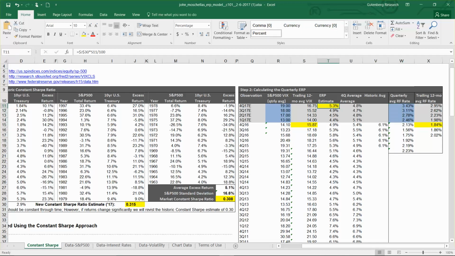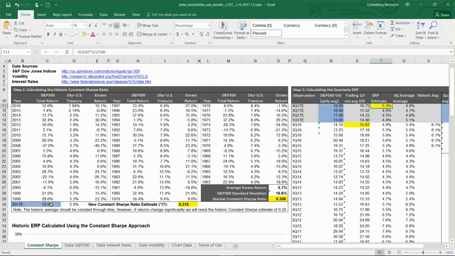And at the end of doing those items, you'll have an equity risk premium here. So let's give it a shot. Let's say that you're bullish on the economy and you think market returns are going to be 15% next year. So change the 12% to 15%, and you can see that recalculated in this cell the new constant Sharpe ratio.